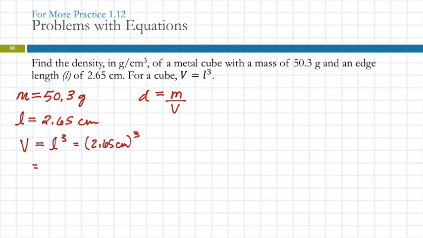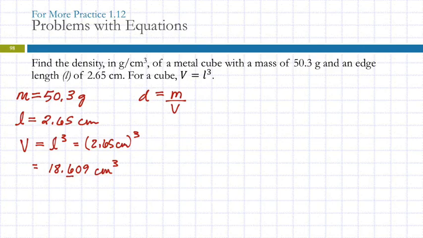2.65 cubed. 18.6, 3 sig figs, carry 2 extra digits, centimeters cubed. That's the volume. Now I have the mass and the volume.